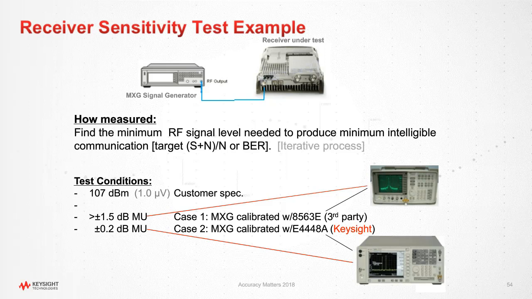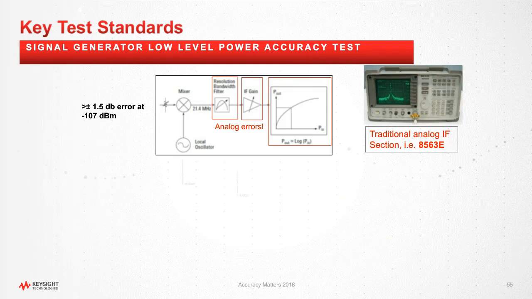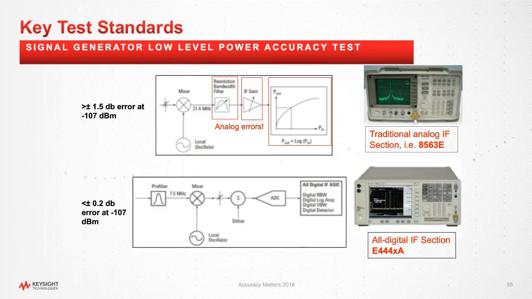Sometimes I'll see a list of equipment for calibration, and somebody's using one of our older spectrum analyzers. Look at the block diagrams of the one we're recommending with the lower uncertainty, the PXA or PSA, either one of those.